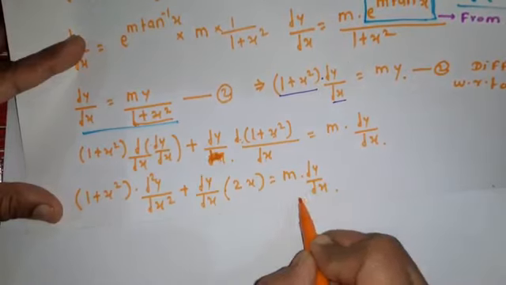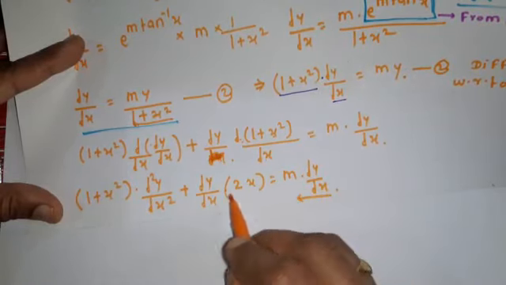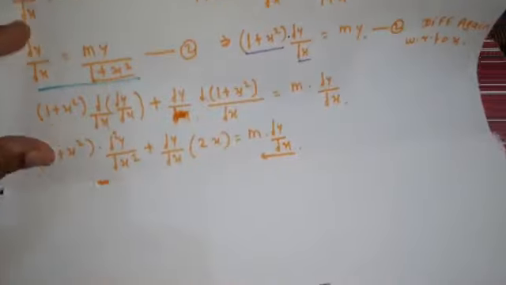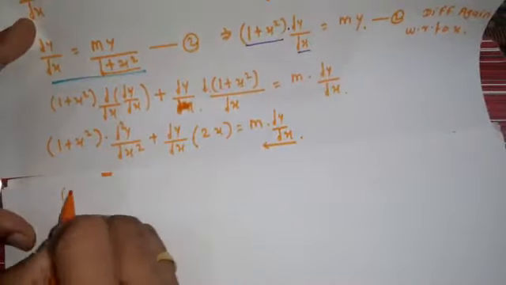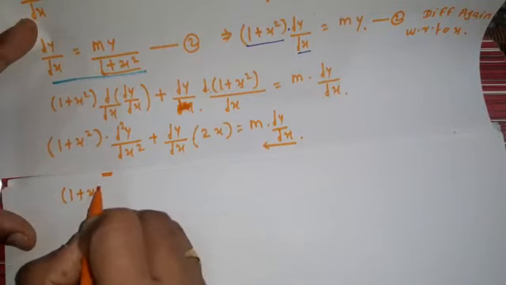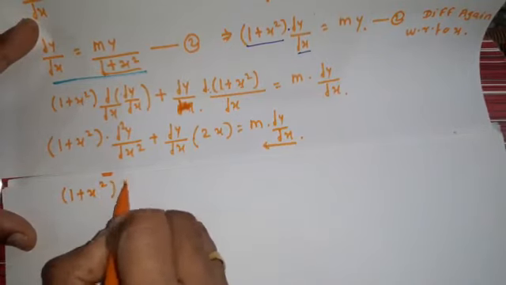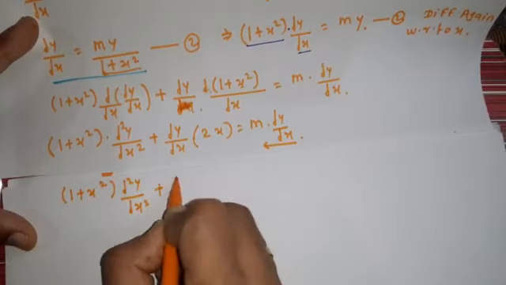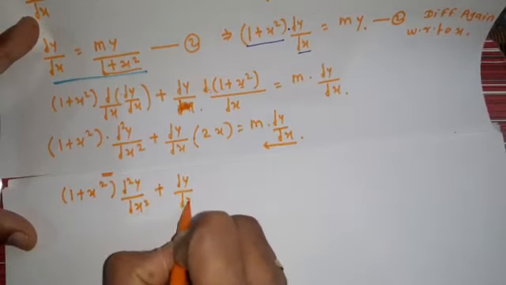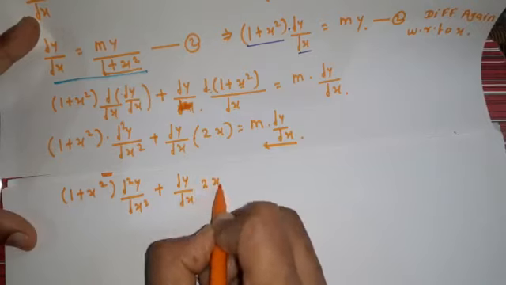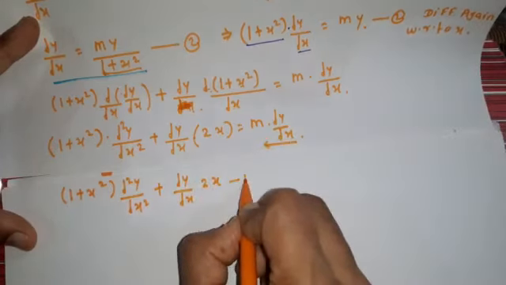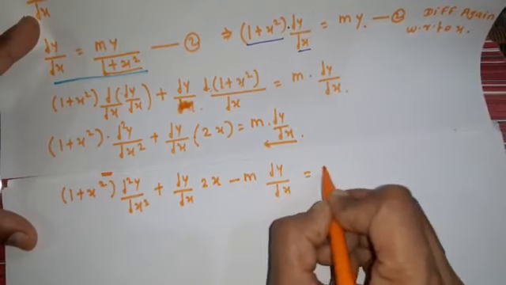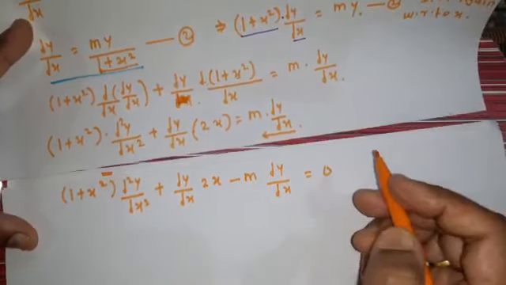Okay, now shift this term dy by dx to that side, we will get (1 plus x square) d2y by dx square plus dy by dx into 2x, shift that term, that is minus m dy by dx, and at right side that is 0 now.